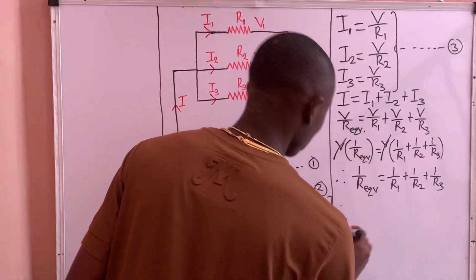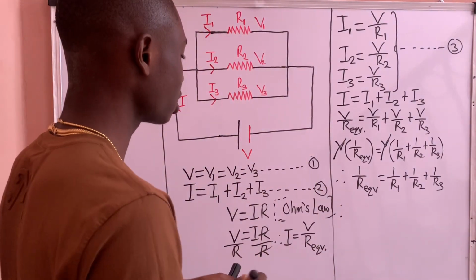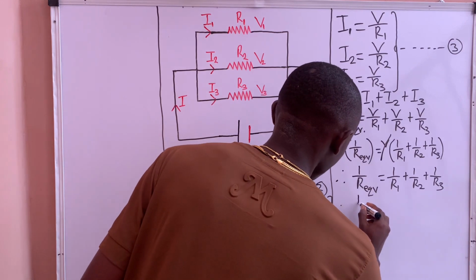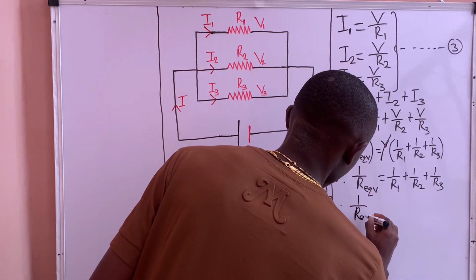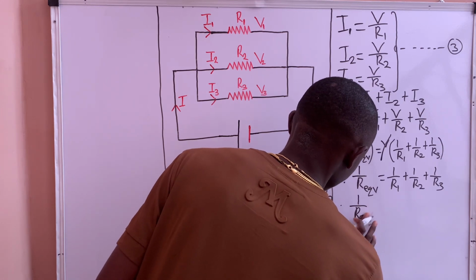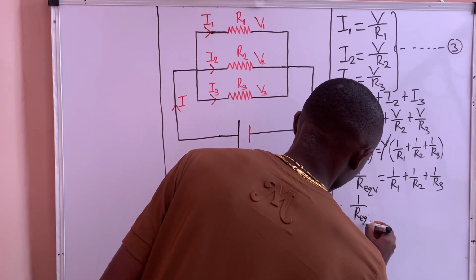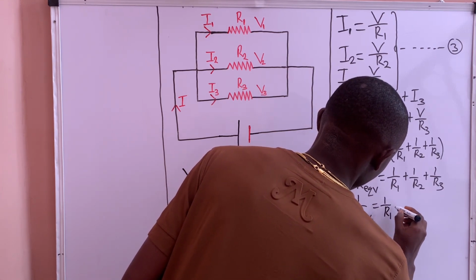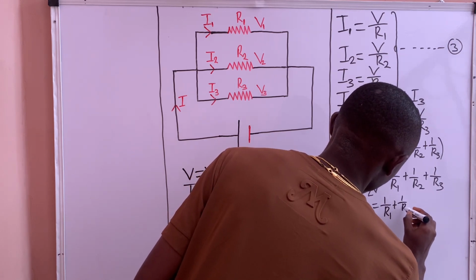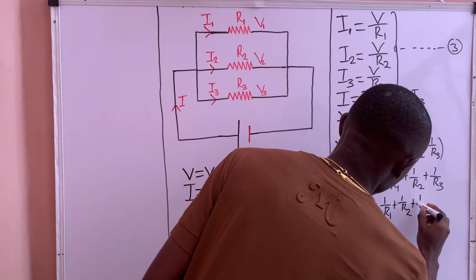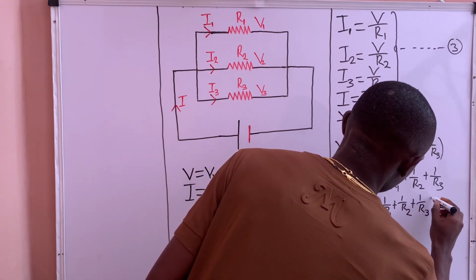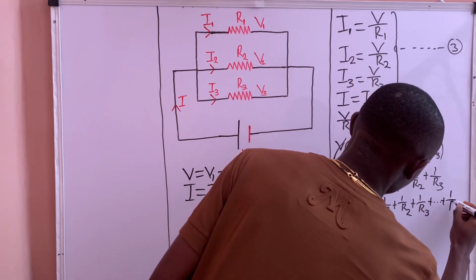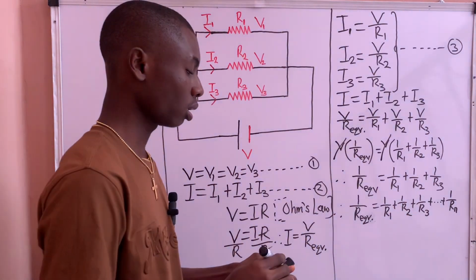So therefore, for any number of resistors in a circuit, the equivalent resistance of a parallel circuit is given by 1 all over R equivalent equals 1 all over R1 plus 1 all over R2 plus 1 all over R3, plus 1 all over R for any further resistors.